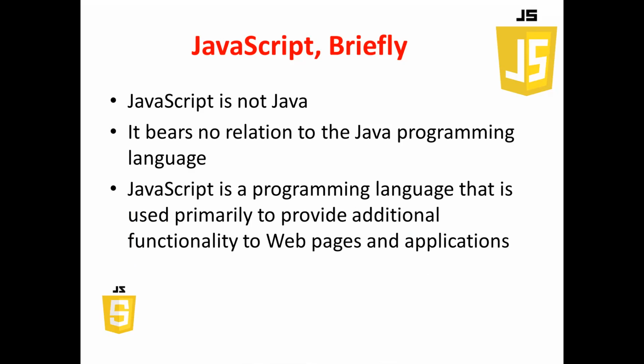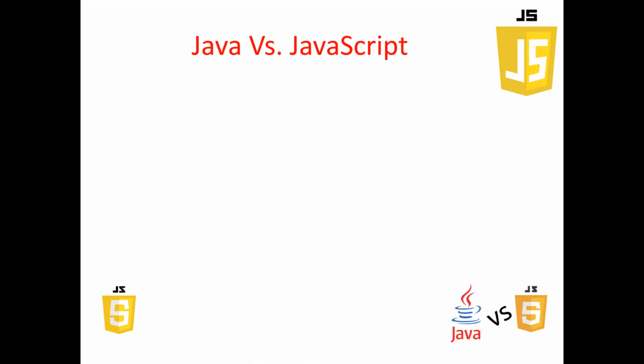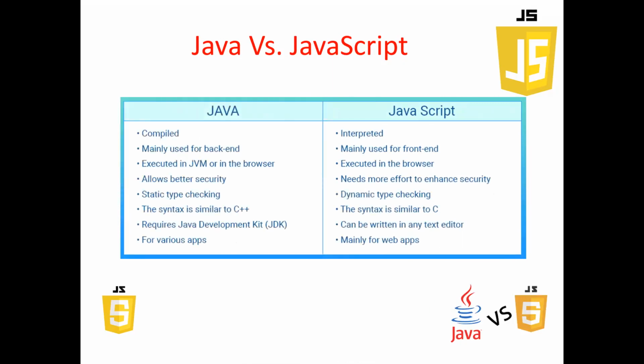Okay, so we will learn some differences between Java and JavaScript. Here we go. Let us learn what Java is exactly. In Java, when we write any program, we need to compile it, execute it, and then we use that executable file for running the program. In JavaScript, there is no such compiling mechanism available.